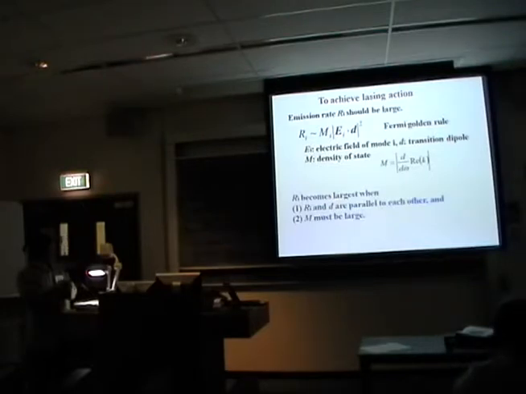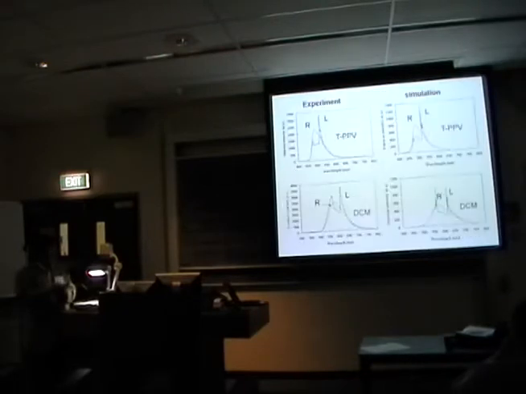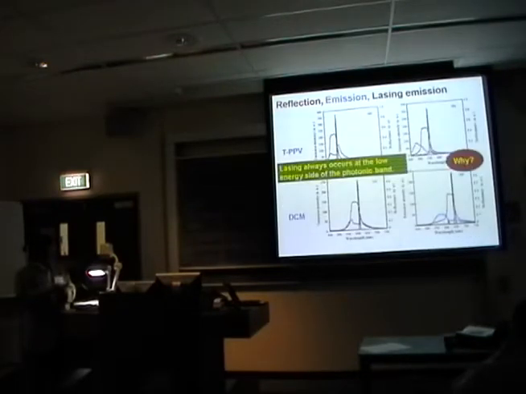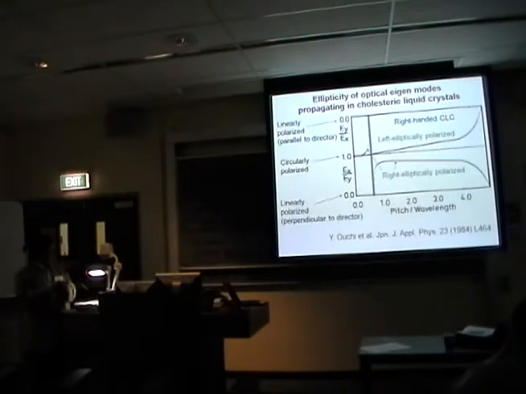And this is the density of state. So we can understand why lasing occurs at the edge of the reflection band. That is because this is larger. However, we still have to answer why the lasing occurs at the lower energy edge.